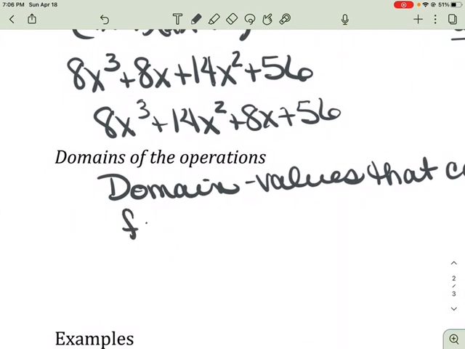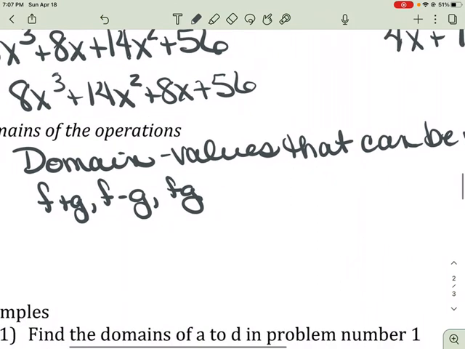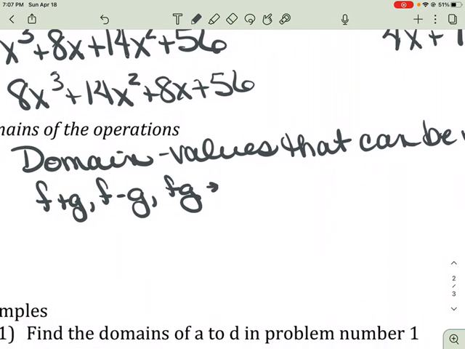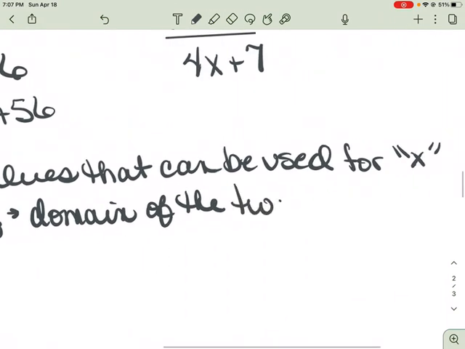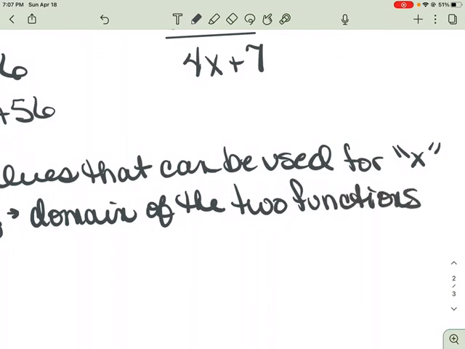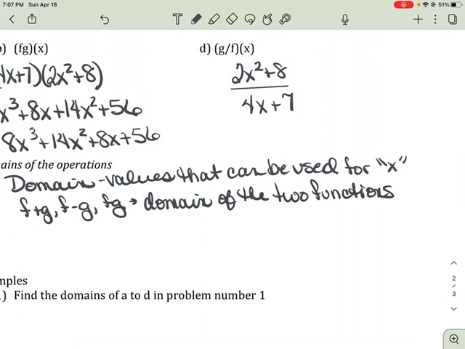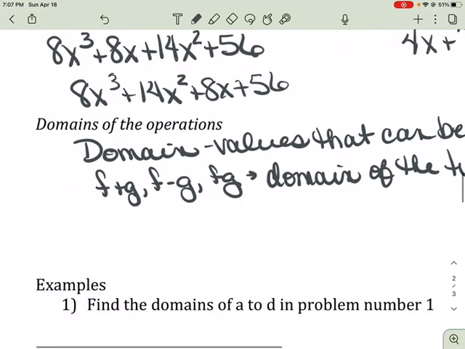And here's the thing. For the addition, the subtraction, and the multiplication, the domain is just the domain of the two functions together. So the domain of the two functions. So if one of the functions happens to be a fraction, we would include that in the domain of the adding and subtracting and the multiplying.